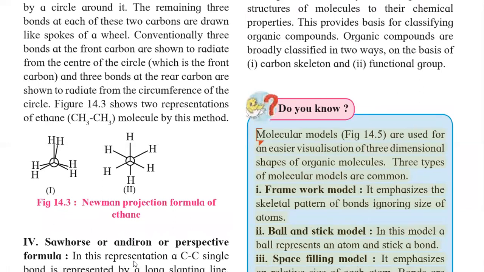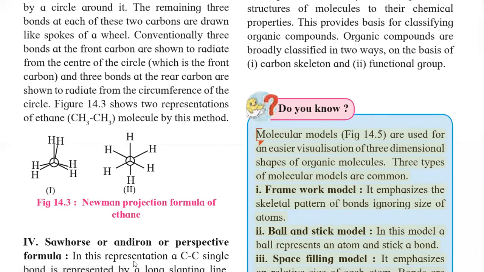Then the rear carbon, the backside carbon, is not seen because we are looking through the carbon-carbon bond, and therefore the rear carbon is shown with a circle, and the bonds of that second carbon with hydrogen are shown at the circumference of the circle, and these are again 3 hydrogens. It looks like one behind the other.